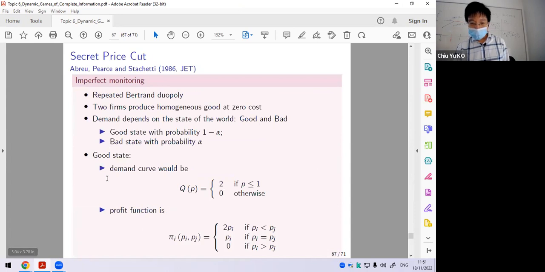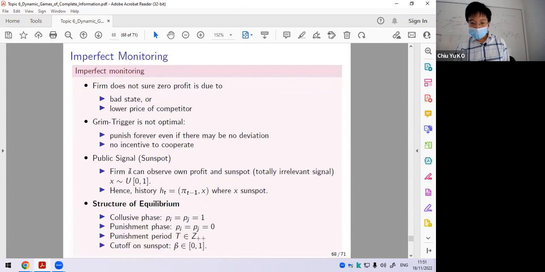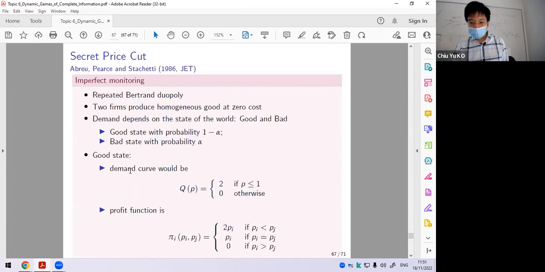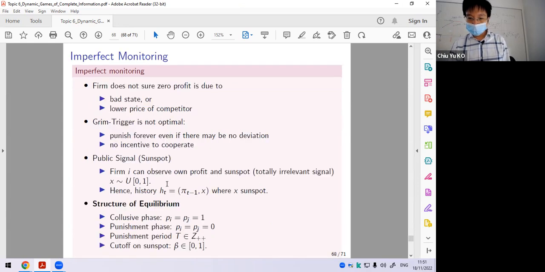I think something happened, the slide is gone missing. In the bad state you get 0. Sorry, I should have put them back.